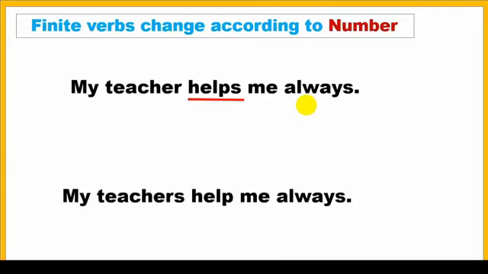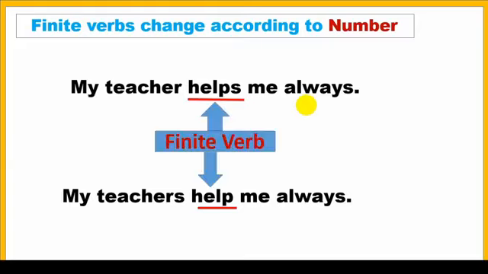My teachers help me always. Here subject is my teachers, and my teachers is in plural number, and help is the verb. Here helps changed to help as per number. So finite verb is helps and help. Here helps and help are finite verb.